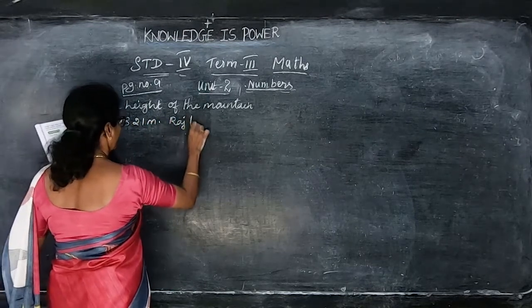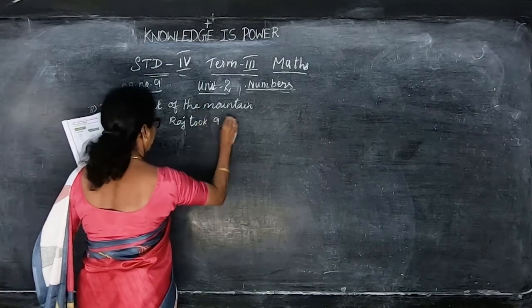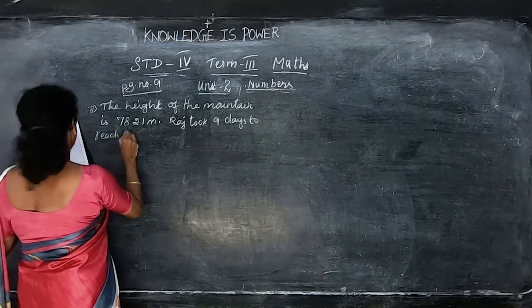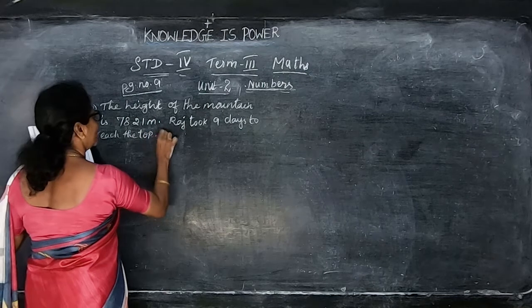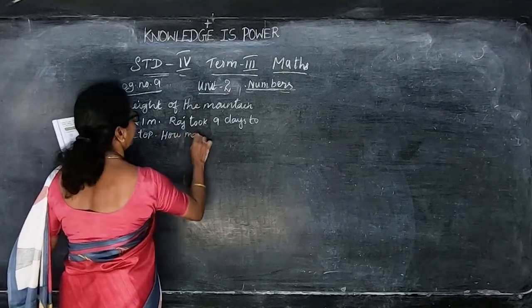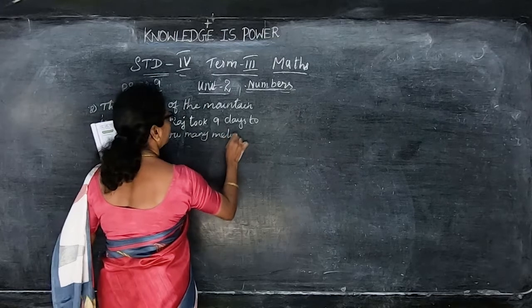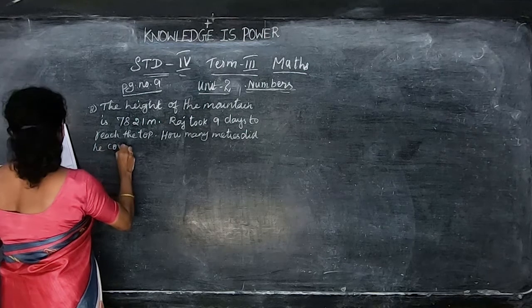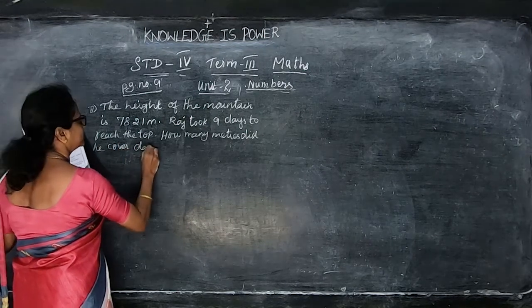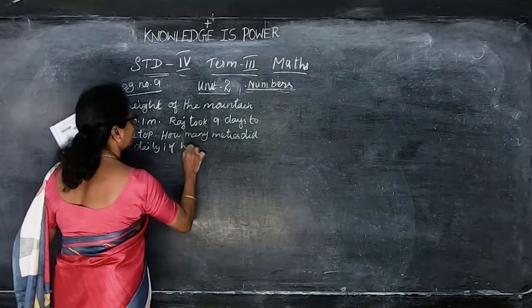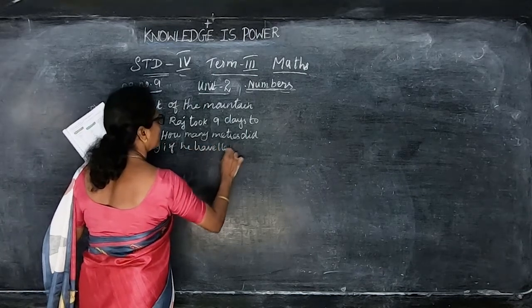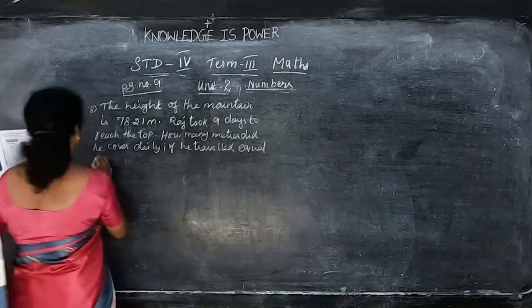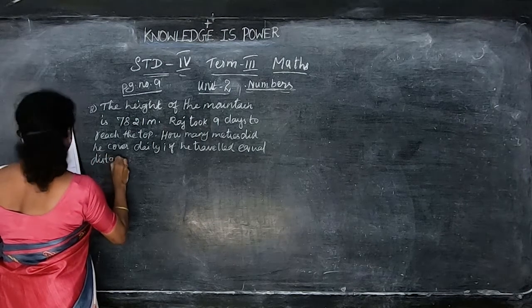Raju took 9 days to reach the top. How many meters did he cover daily if he travelled equal distances every day?